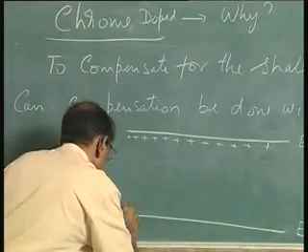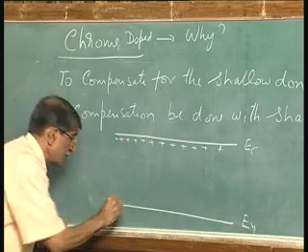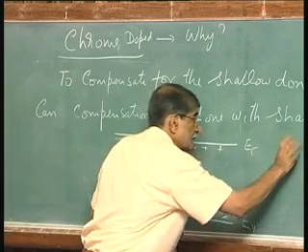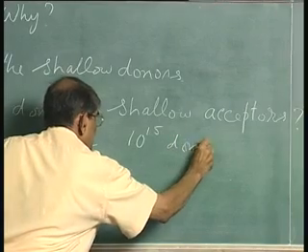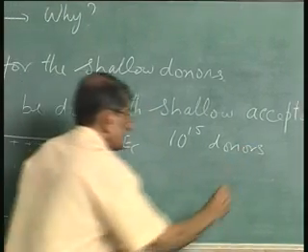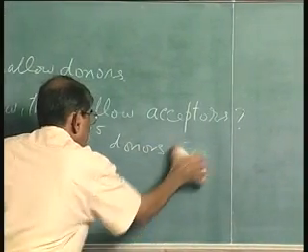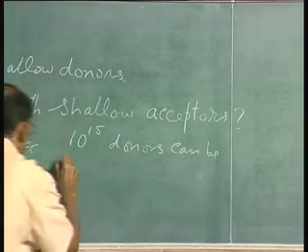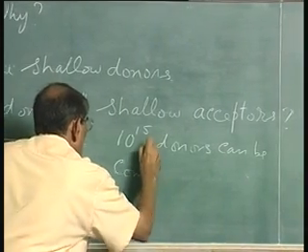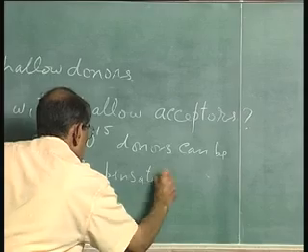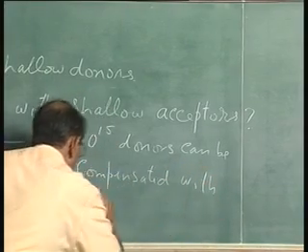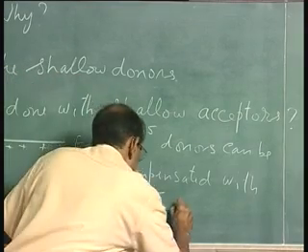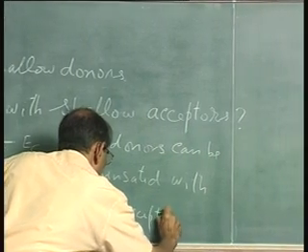Suppose I put acceptors here, that is the meaning of that. Shallow acceptor I put here. 10 to the power of 15 donors can be compensated with 10 to the power of 15 per centimeter cubed of shallow acceptors like this.